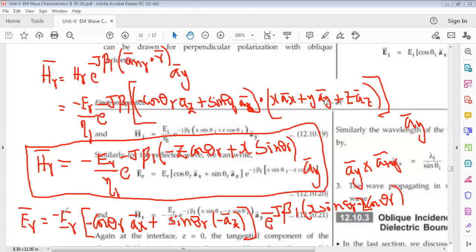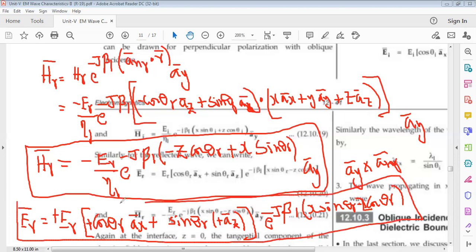Here the minus is there; here also the minus becomes a plus, and here also the minus becomes a plus. So E_r bar is equal to E_r into cos theta r a_x bar plus sine theta r into a_z bar, multiplied with e power minus j beta 1 x sine theta r minus z cos theta r.